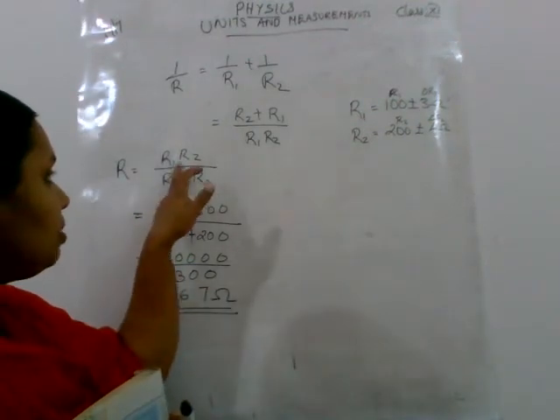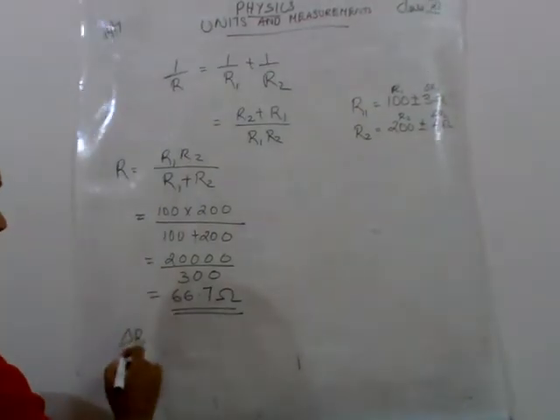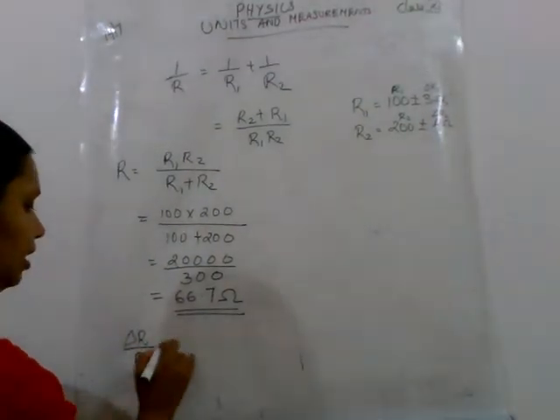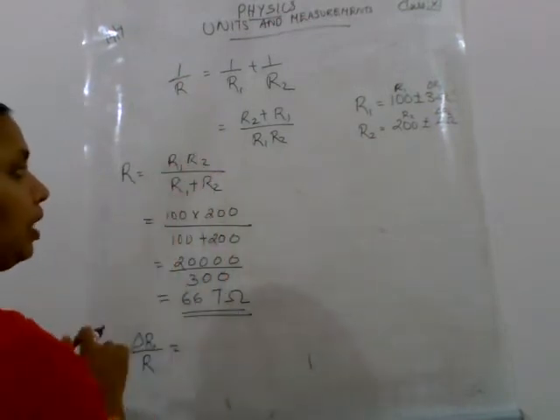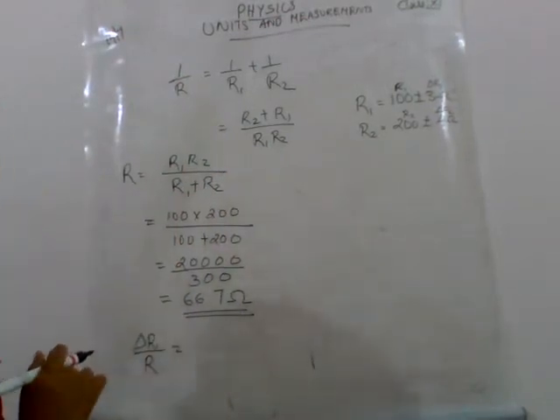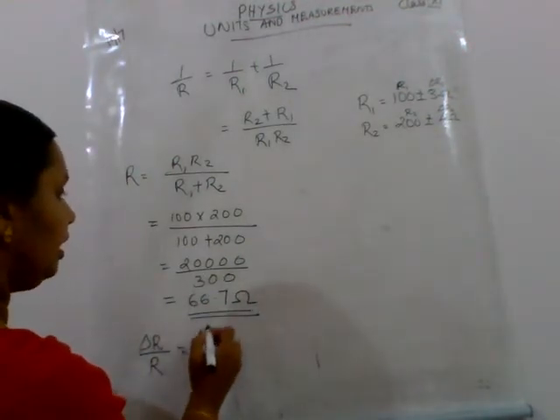So here first we can go for the product. We can write it as delta R by R. The relative error will be, here first comes product. In the product the relative error will be the sum of the relative errors.